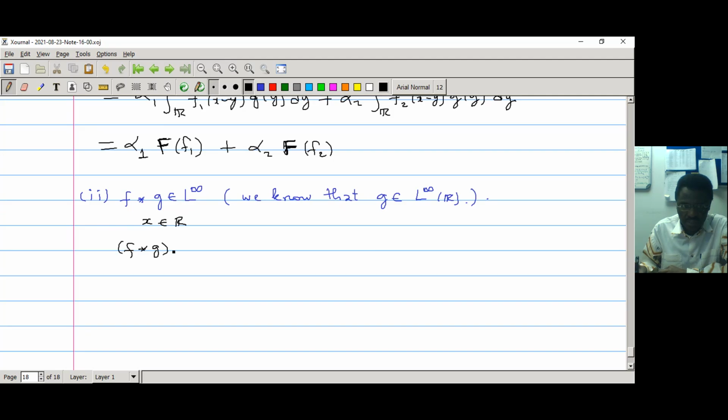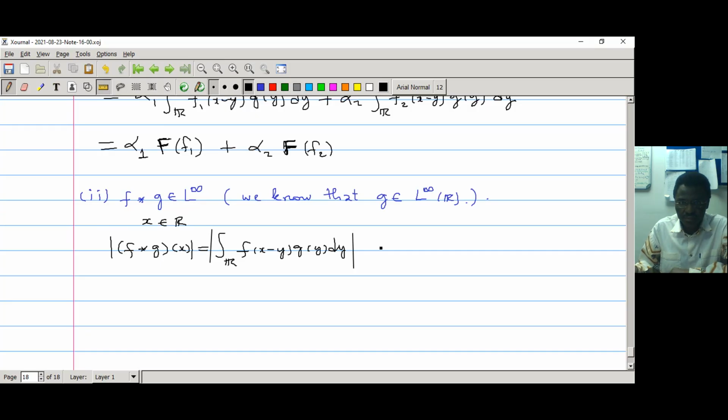We know that it is this integral. Now I take the absolute value of this, and it is equal to the absolute value here also.